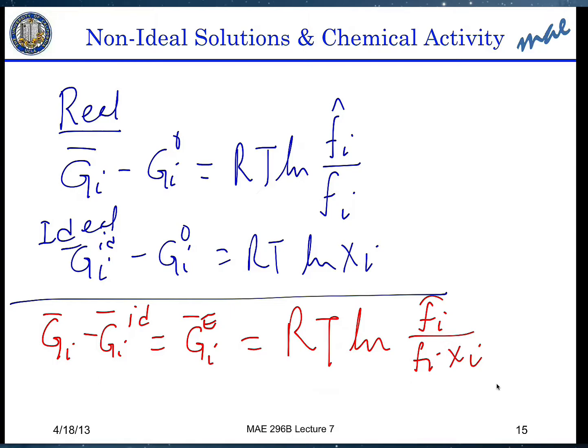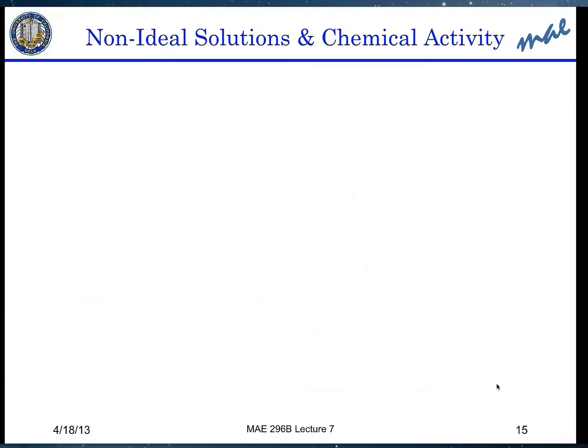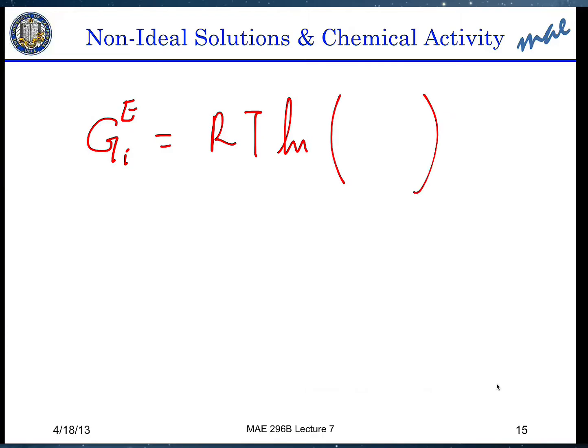Let me expand on this a little bit to write it down. So Gi excess is equal to RT times the natural log of the ratio, and I'm going to write it in a specific way: fi hat over fi on the top, divided by xi on the bottom.